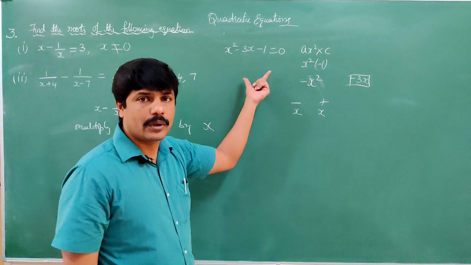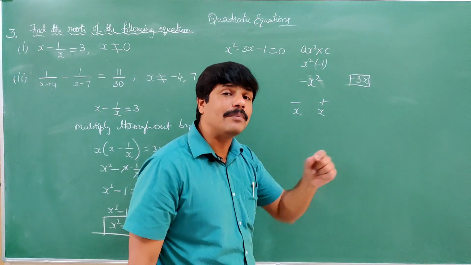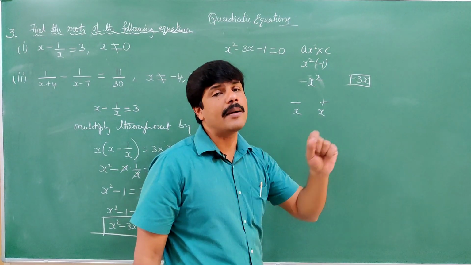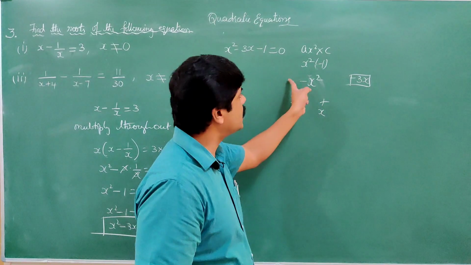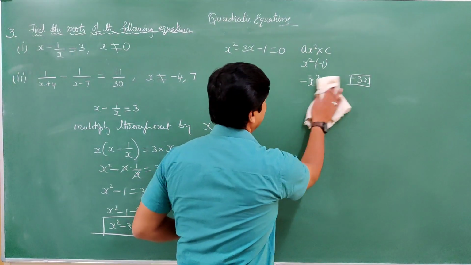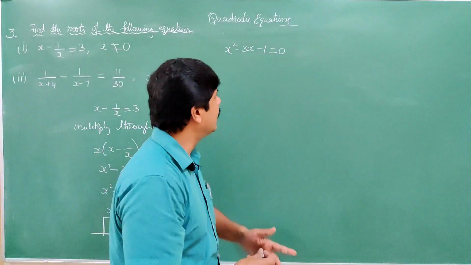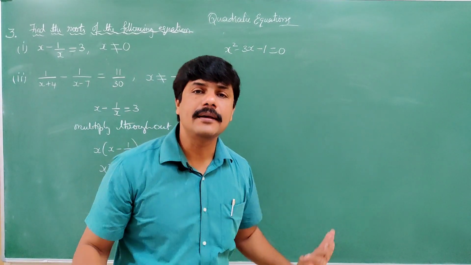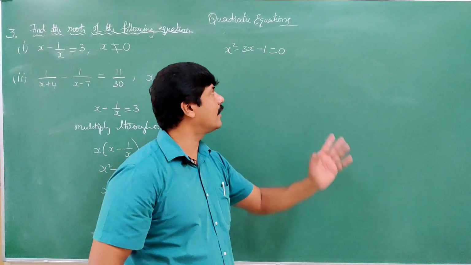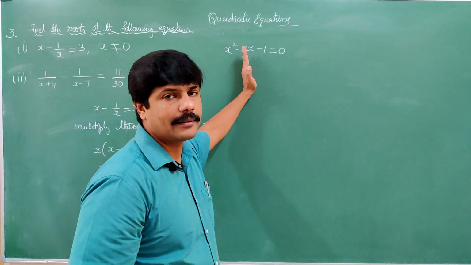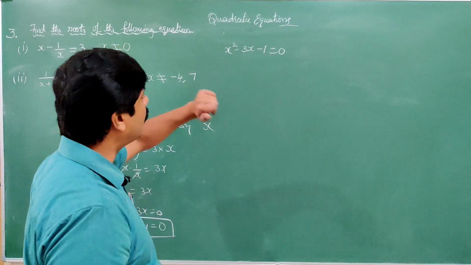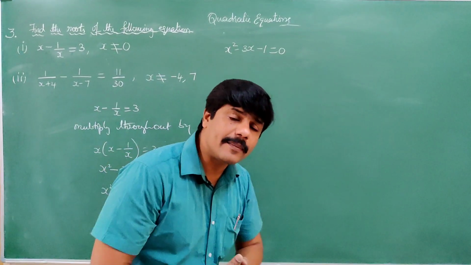This particular quadratic equation is limited to completing the square and formula method, not to solve by the factorization method. Understand? It is not possible to find the roots by the factorization method. Here we are not going to get the two factors to split the middle term. Okay.